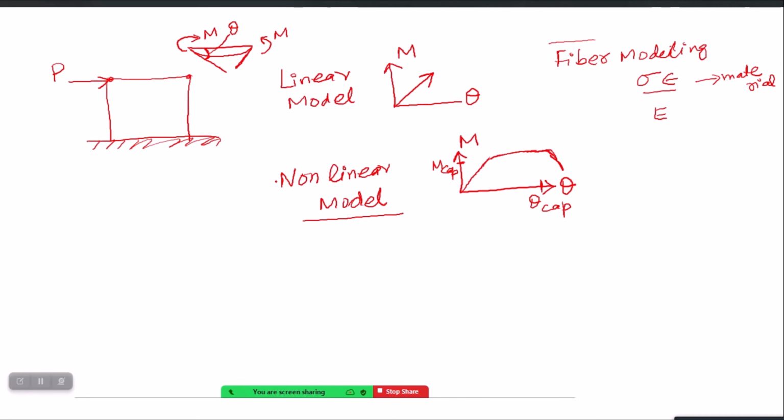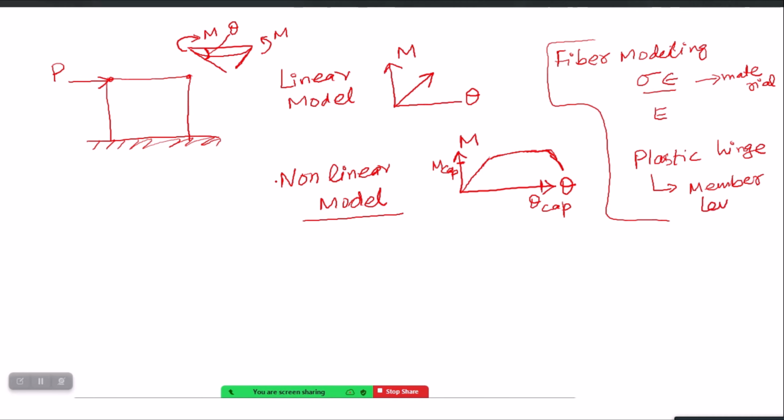But in the plastic hinge modeling approach, which is currently being discussed here, we directly incorporate the nonlinearity at the member level. Member level means that whatever is the member action, which is moment, and whatever is the member deformation, which is the rotation in this case, we directly incorporate a nonlinear behavior at the member level.